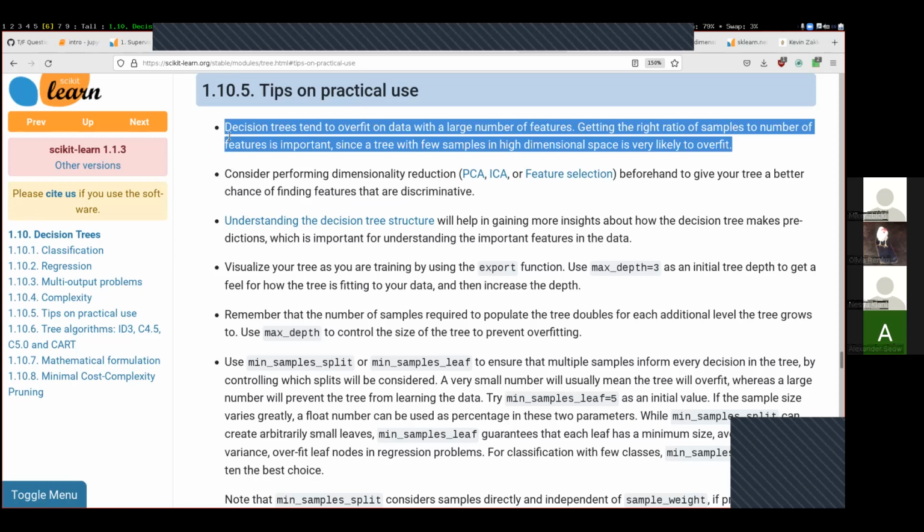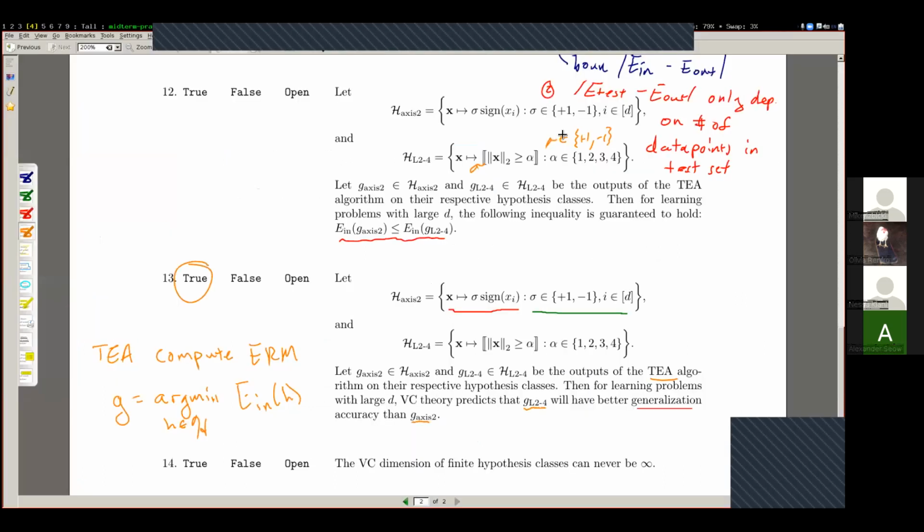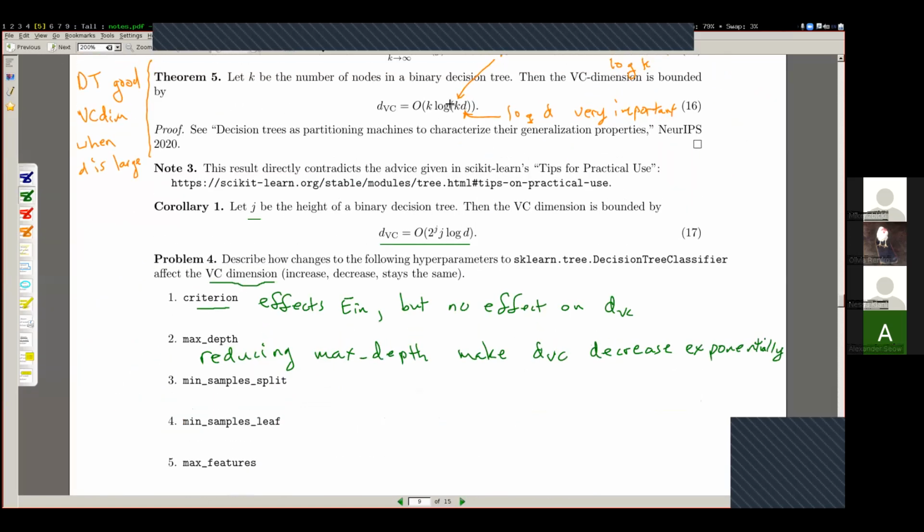But this first statement right here says, decision trees tend to overfit on data with a large number of features. And that's 100% false, provably so, because the VC dimension is logarithmic in the number of features. So if I have 1 billion features, I only need a logarithmic number of more data points. And so it's just not true at all.